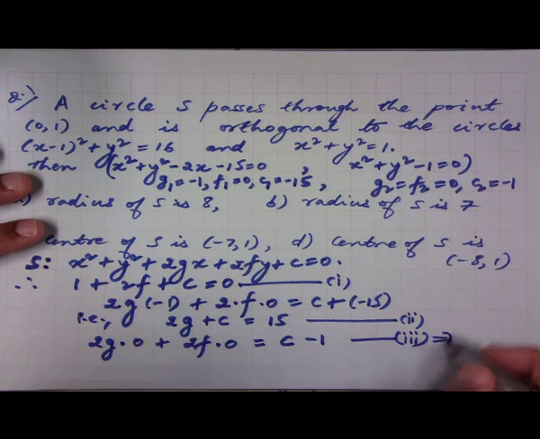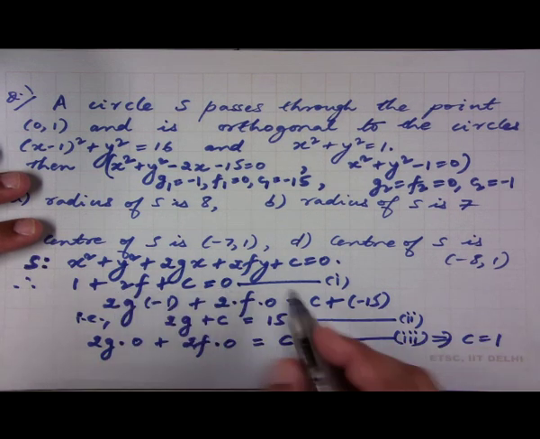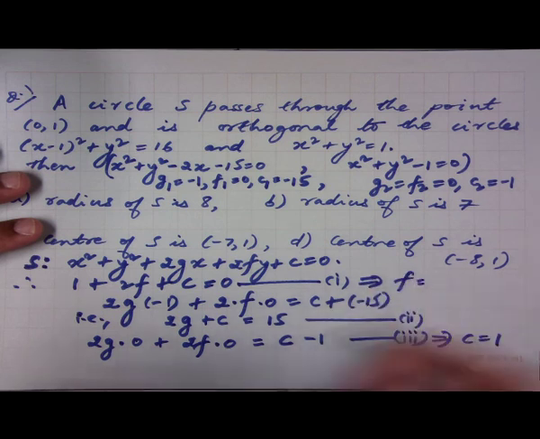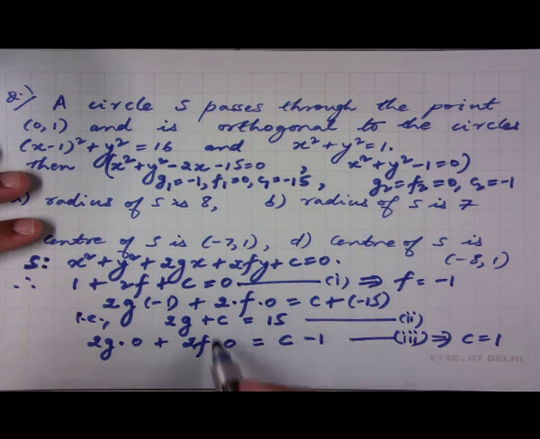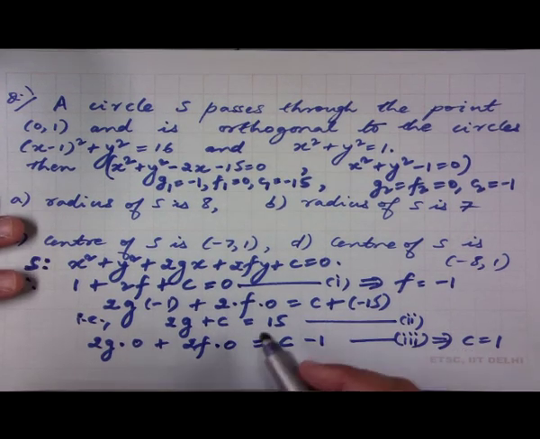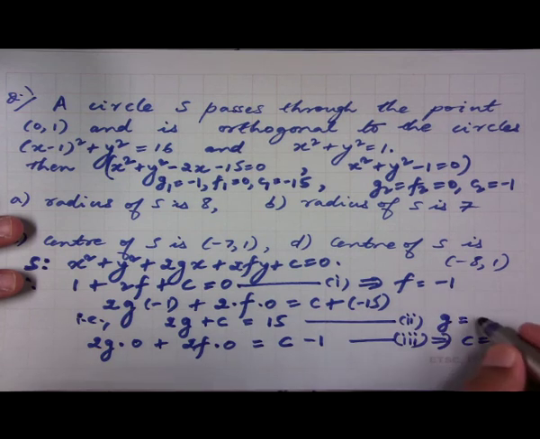From this third equation, we clearly get c equal to 1. And if we use that information in this first equation, we will get f to be minus 1. Now, since c is equal to 1, if we use the same information in the second equation, we get g equal to 7.